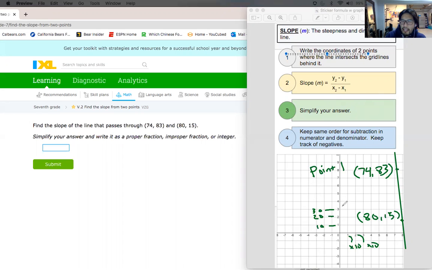And I'm going to make 80, 15 point 2. Let me erase some of these marks over here.